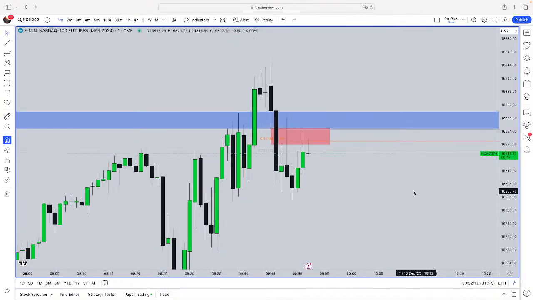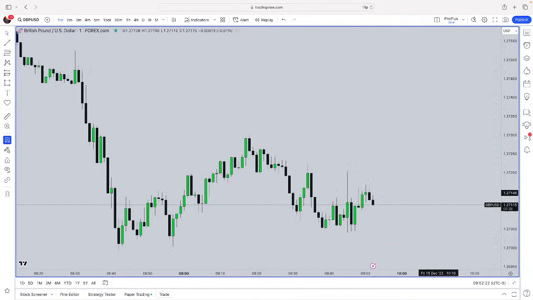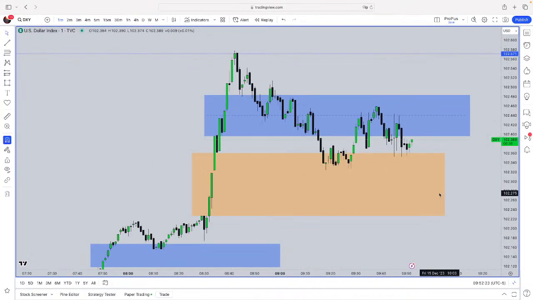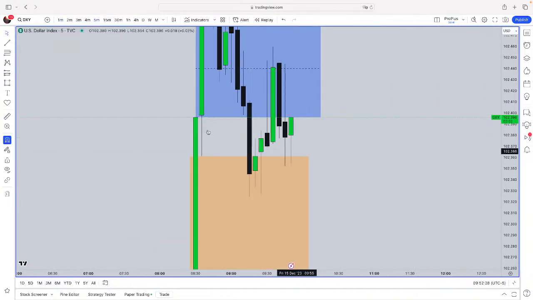Yeah, C. I'm not sure if I said, but C is the 50%. So the 50% level on the fib. Let's take a look at the dollar. Little bit of a volume imbalance.